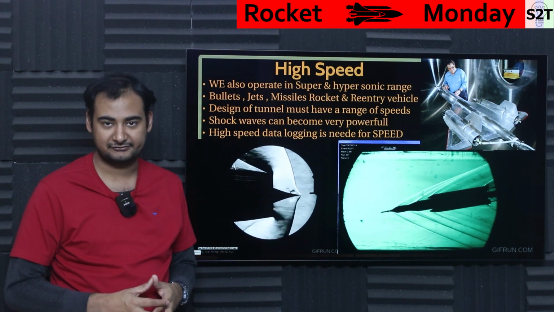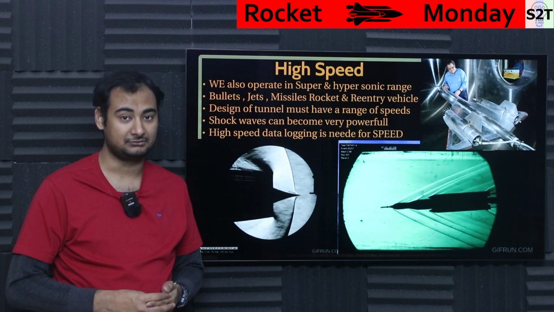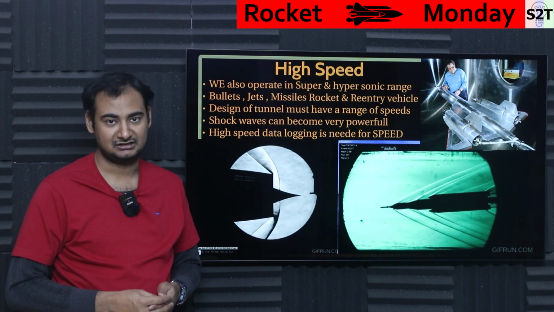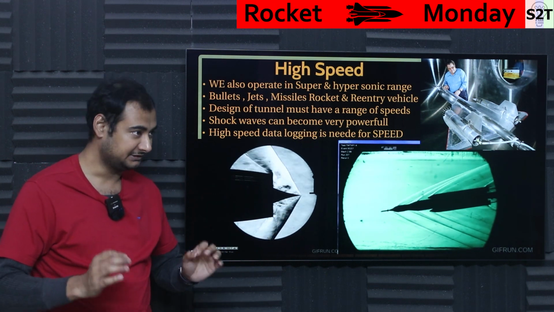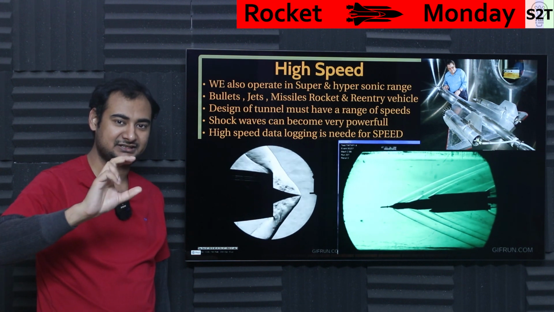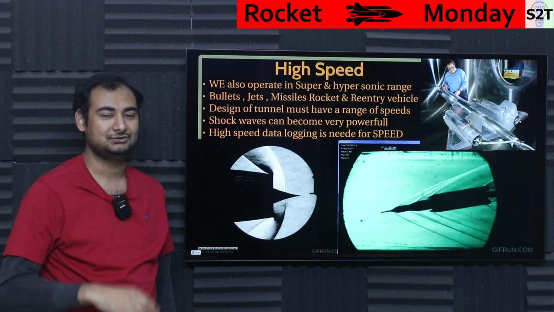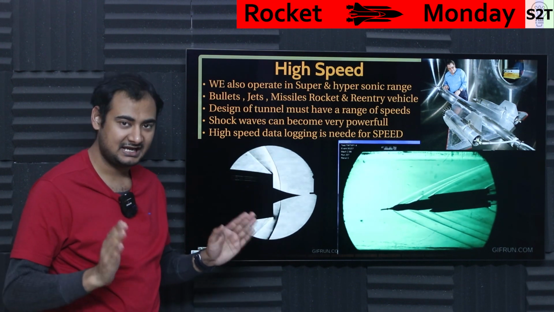You cannot operate these machines with 1 hertz sampling. No. You gotta go into kilohertz or even megahertz. You really need super duper hyper high speed data collection. Because again, there is a tiny model of the SR-71, everything is fine, then it starts vibrating and you need to know what happened. So everything about this is high speed.